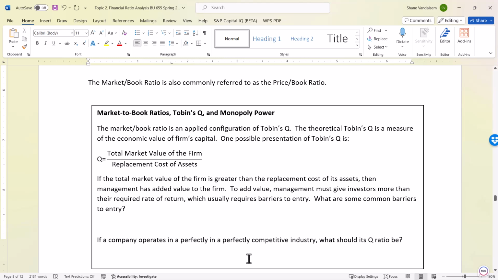So what we look for when we think about adding value to a firm are barriers to entry. Think about if you have an iPhone. Okay, most current version of the iPhone, the average price is about $1,000. It costs much, much less than that to produce that iPhone. How can Apple charge so much more than the cost of making the iPhone?